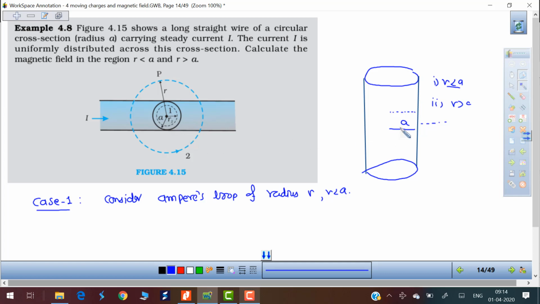I can draw it like this also. So this is your loop.